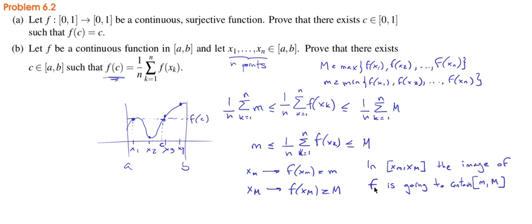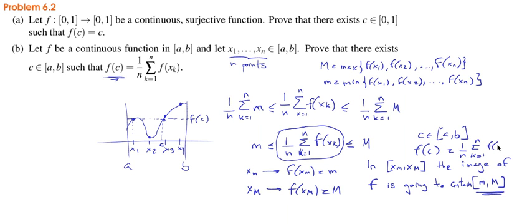Now f is a continuous function. Because of the intermediate value theorem, it's going to cover every value in this interval. Now this value is between these two numbers, so it's in this interval. So there's a point c in this interval [a, b] such that f of c is this number, 1 over n times the sum from k equals 1 to n of f of xk. This is because of the intermediate value theorem.